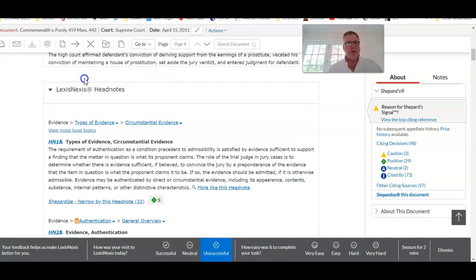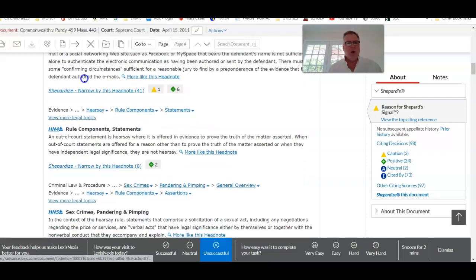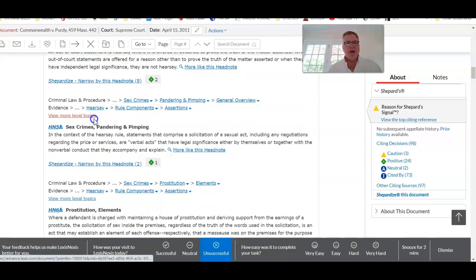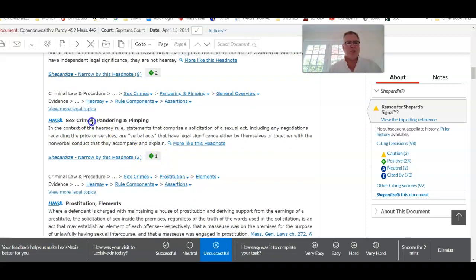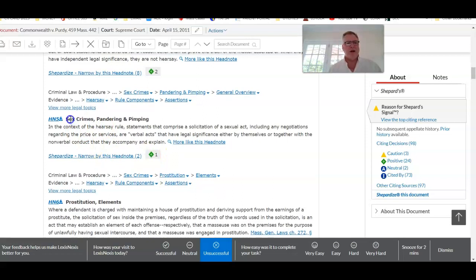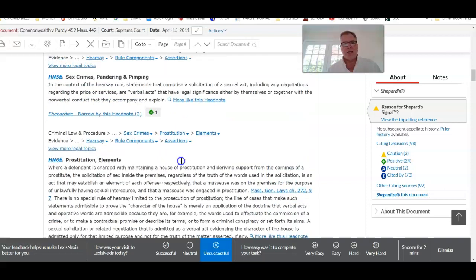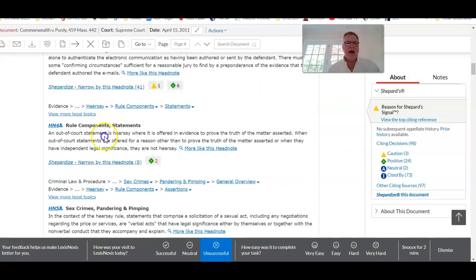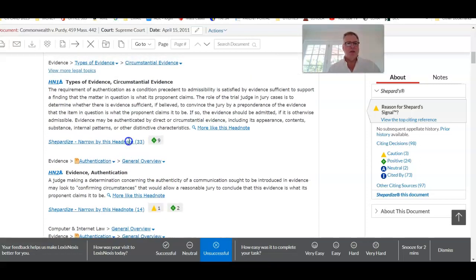But what I'm trying to get to is that when you are going to Shepardize this case, you are not interested in getting all the cases that cite this. You don't care about finding cases that are talking about sex crimes or pandering or pimping or the elements of prostitution. I couldn't have cared less about that. I don't care about the out of court statement, the rule of hearsay. I only care about authentication.